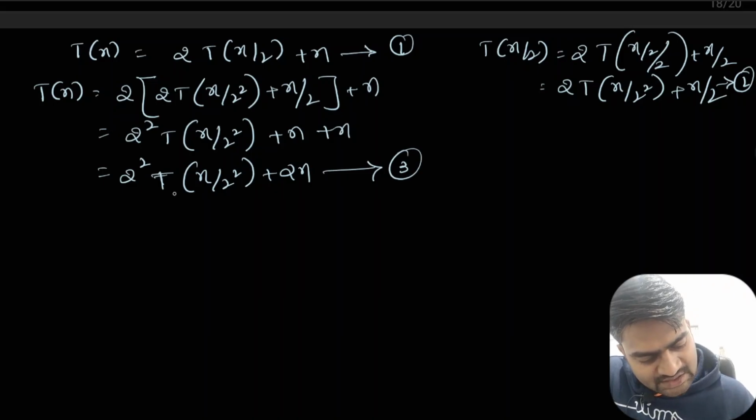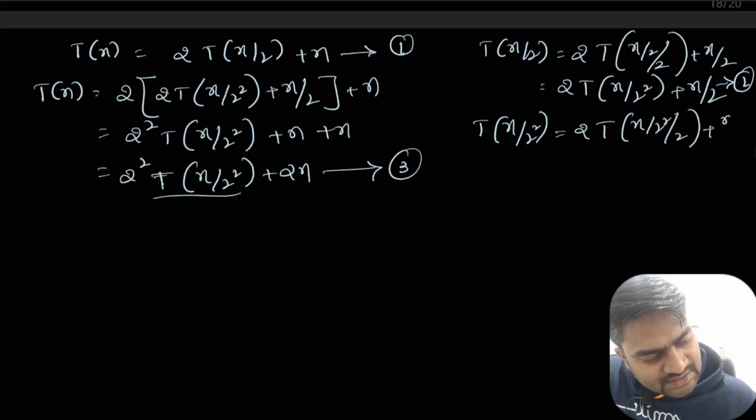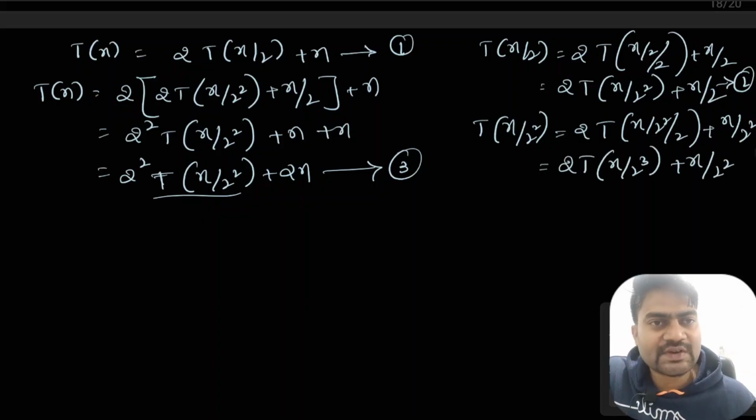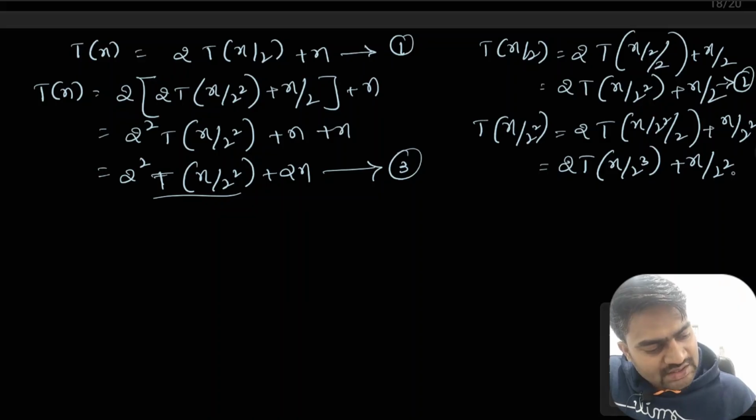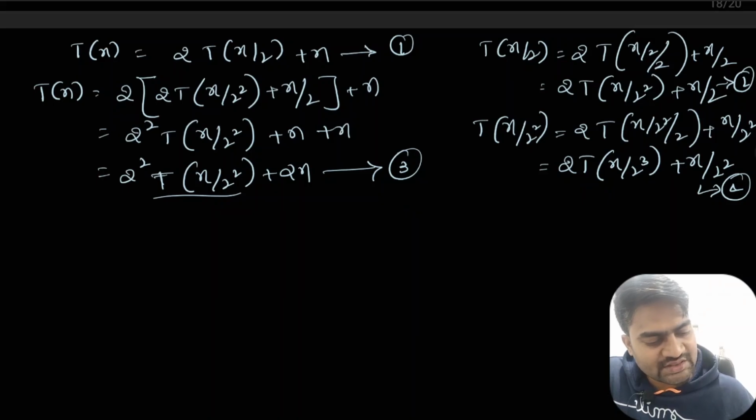Okay. Now again I'll try to come up with t of n by 2 square. So t of n by 2 square is equal to 2t of n by 2 square divided by 2 plus n by 2 square. So it will be 2t of n by 2 cube plus n by 2 square. Now I'll call this my fourth equation. Now I'll substitute equation number 4 in 3.